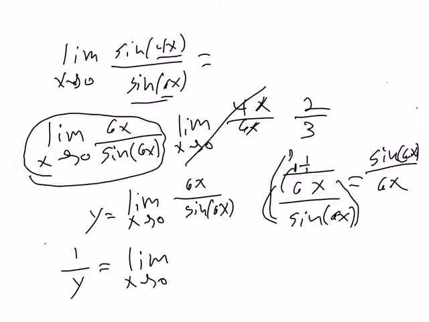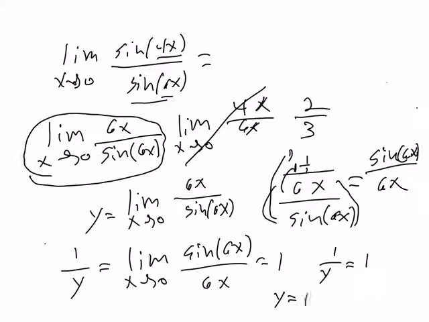This limit is equal to 1. So we have 1 over y is equal to 1, so y is equal to 1. So this limit is also equal to 1, and in the end we're left with 2 over 3.